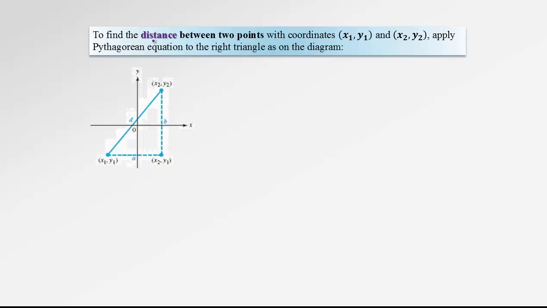Now, how do we find the distance between two given points? Let's say our points have coordinates x1, y1 and x2, y2, as on the diagram. To find the distance between them, we apply Pythagorean equation to the right angle triangle obtained by projecting those 2 points vertically and horizontally in such a way that these two projections meet at the right angle at the point with coordinates x2.